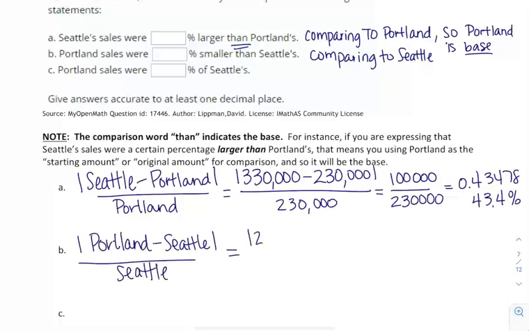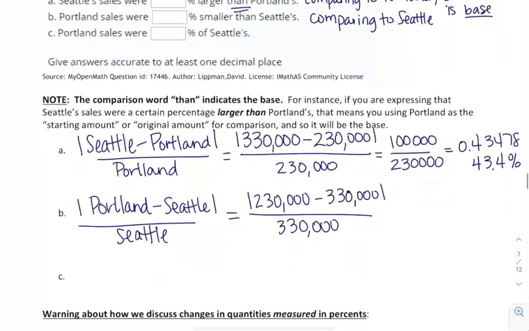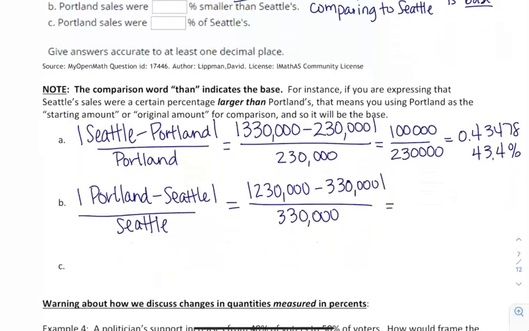We're going to get a totally different answer here, because we're using Seattle as the base. This will give us 100,000 again in the numerator, that doesn't change, but we're dividing by a different denominator. And this is 0.3030 and so on, so about 30.3%.